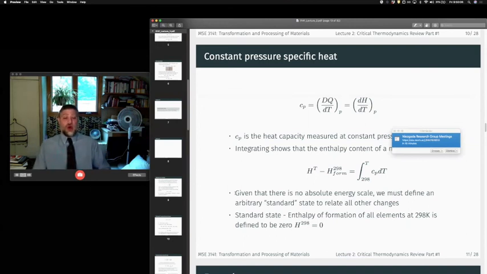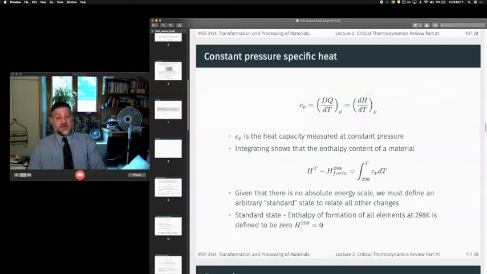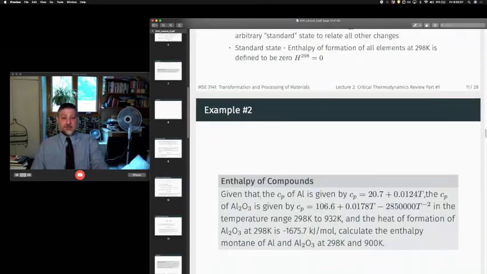What is our standard state? Well, we say that the enthalpy of formation of all elements at 298 Kelvin is what we're going to define to be zero energy. So this is just an arbitrary thing, but it's the standard that we all sort of agree on.